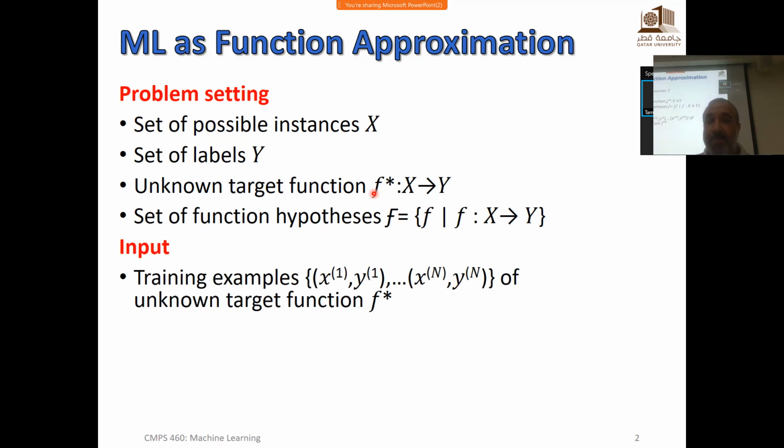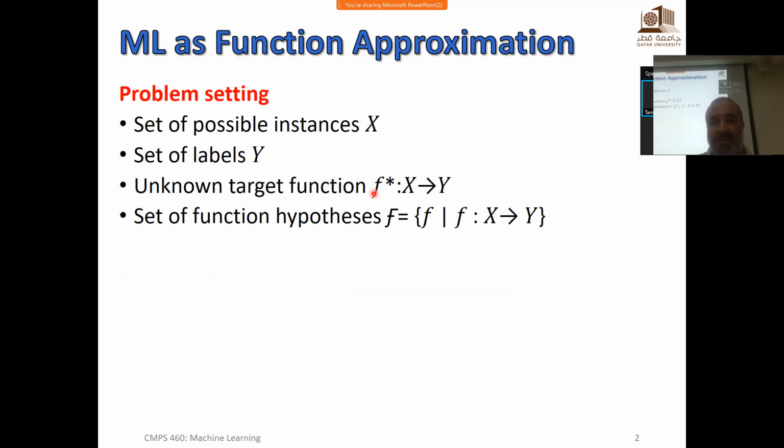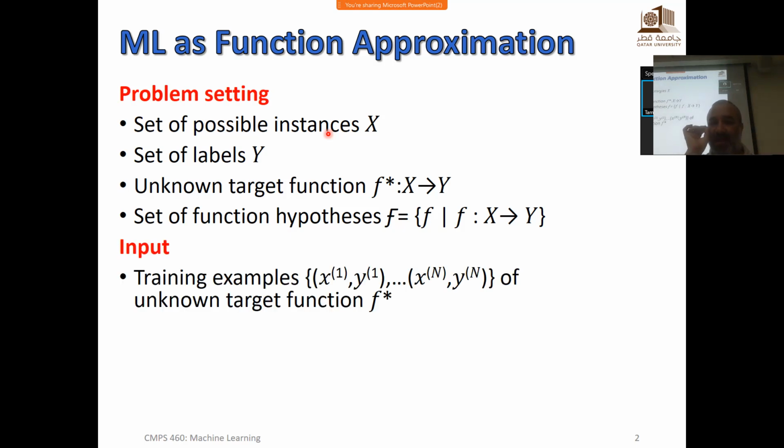So we have actually a set of function hypotheses, or set of models. The input, in a sense, is all possible examples that we can see in real life. But the specific input to the machine learning algorithm is a specific set of training examples.